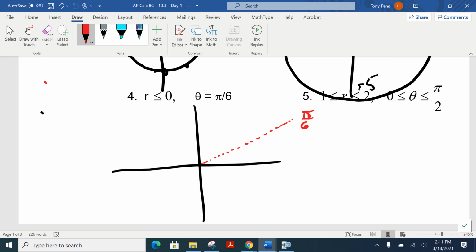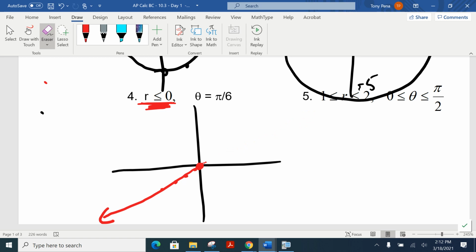If I'm looking at pi over 6, that's where we're looking right now. So we're looking in this direction. But if I now want to take every possible step backwards, that means while I look in this direction, I would go back a half step, 1 step, 2 steps, 3 steps, all the steps in between. So we get another ray, but it's now going in the opposite direction of number 3, because we want our r's to be negative. So just to make sure, let me erase this so we don't think there's any part of this. That's what our graph would look like there.